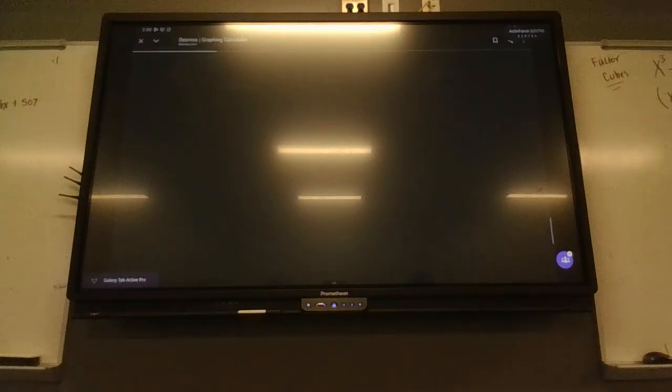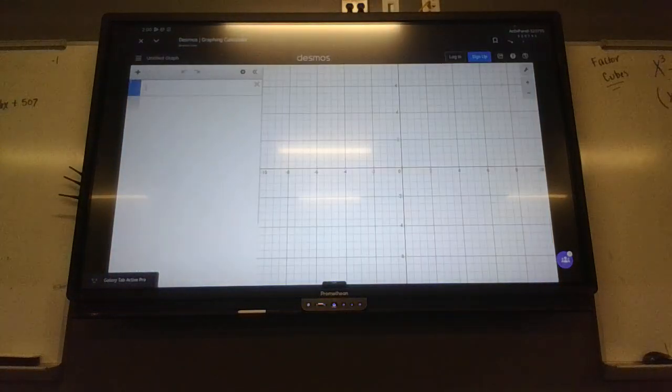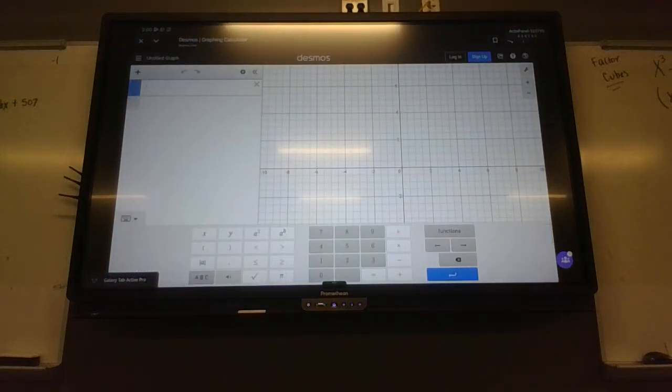I think it's 1440. Oh wait. Squared minus 0.46x plus 507.